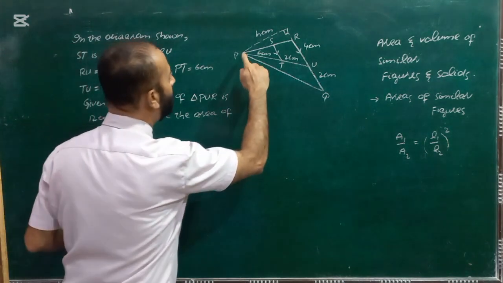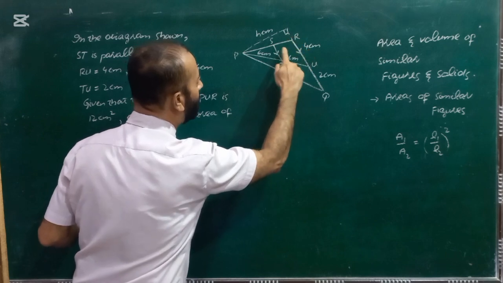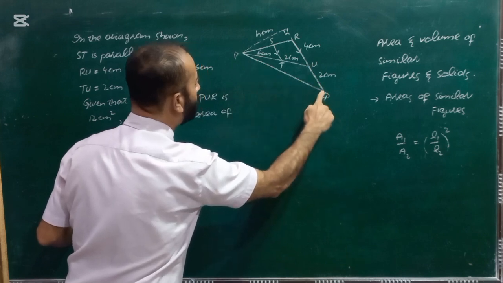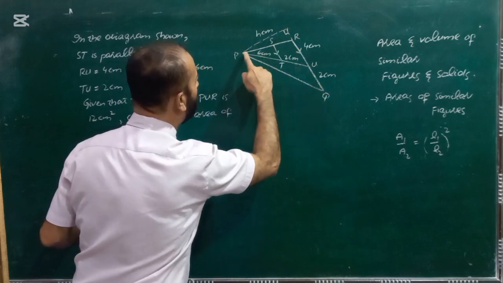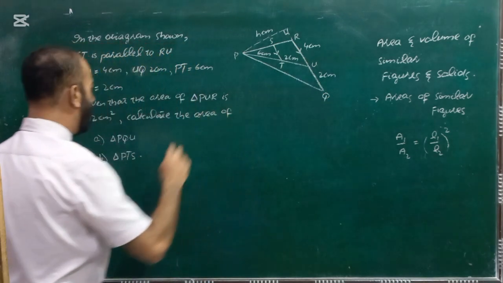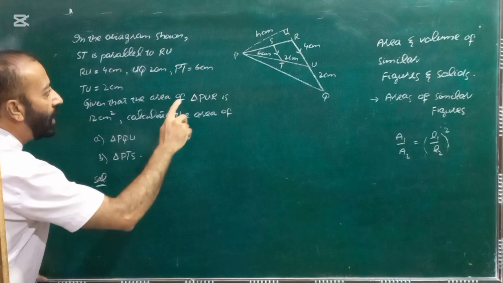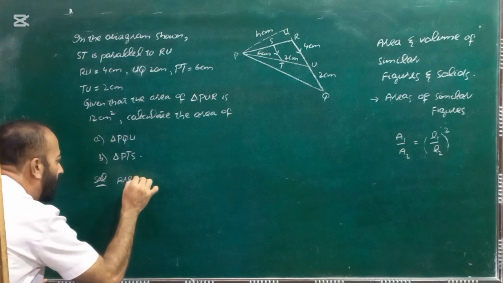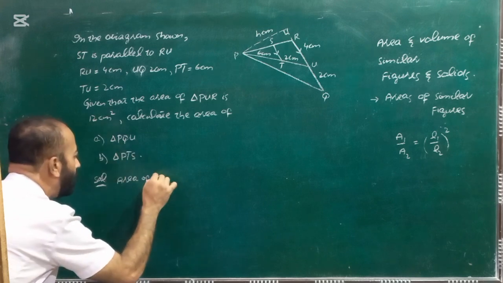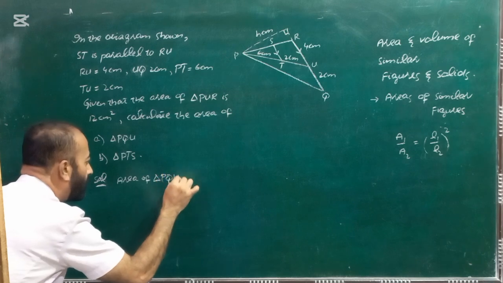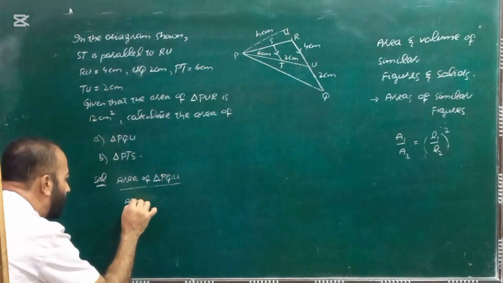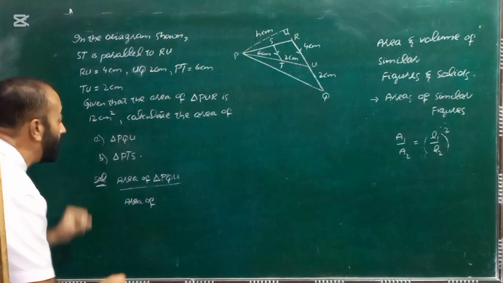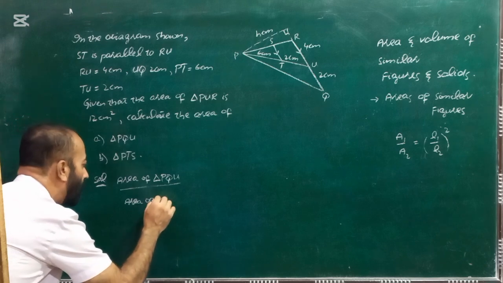If we take this height, the common height of these two triangles, PRU and PUQ, this height is also the same for triangle PRQ. The area of triangle PQU over the area of triangle PUR, which is given so it goes in the denominator.